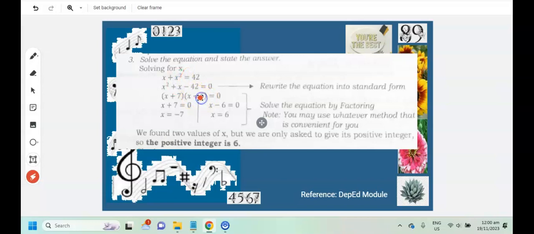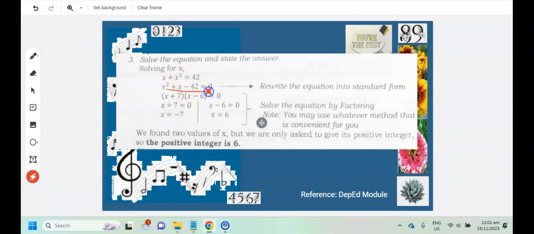Inig labang sa 42 across the equal sign, mausab ang sign sa constant term nga 42. From positive 42, mahimong negative 42 sa left side of the equation. So we write negative 42 after the linear term x.